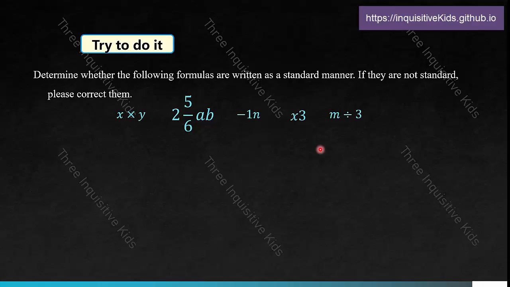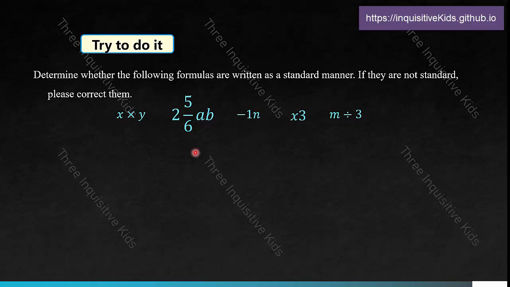Okay, let's see. So the first one, x times y. We can omit the multiplication sign, and the reason is we might confuse a multiplication sign as a variable, as x. So it's usually good to just write it as xy. And then we have a mixed number times ab.